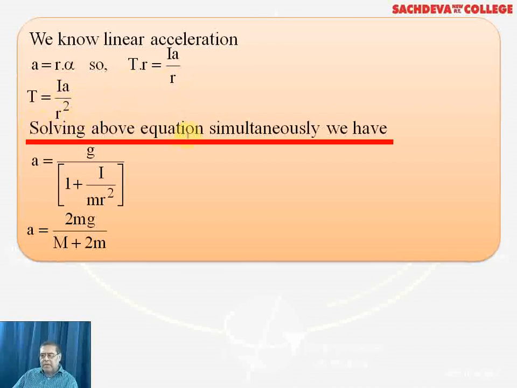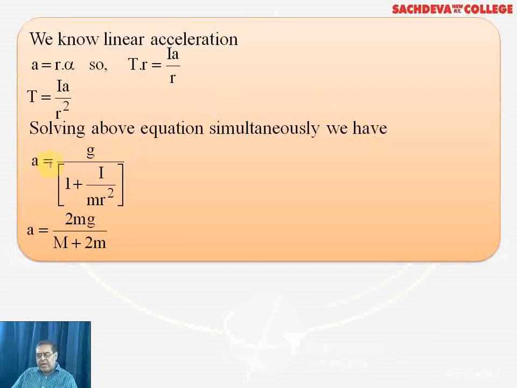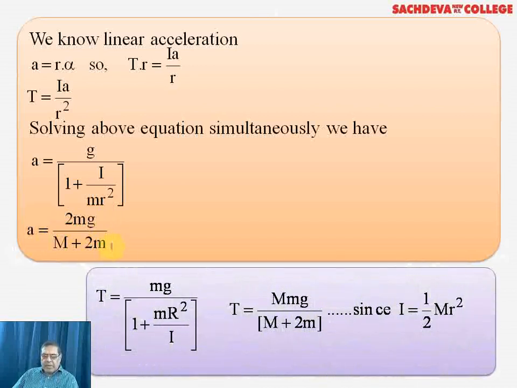Now solving the above equations simultaneously, we calculate the acceleration in terms of mass and acceleration due to gravity, and the final result will be a is equal to 2mg over capital M plus 2m. Capital M will be the total mass. Tension is also to be calculated, and wherever a is there in the above equations, a can be replaced by 2mg over M plus 2m.